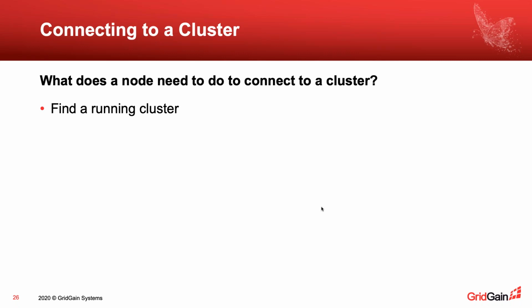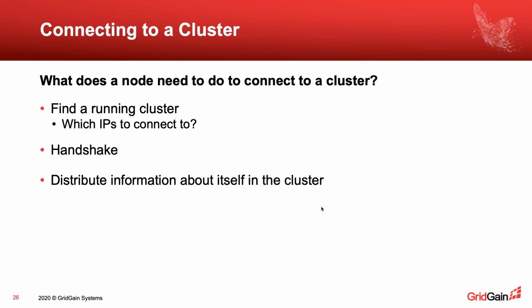And technically, it usually means finding IP addresses and TCP ports which the node will want to connect to. Next, the node needs to handshake with the new cluster, and handshake means that it needs to send a request to join, and it needs to hear a decision on whether it can join or not.